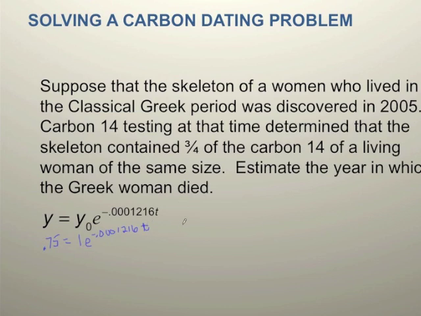This is a 1, so I can just find the ln of each side. ln of 75 hundredths equals negative 0.0001216 t. So t is going to equal the ln of 75 hundredths divided by negative 0.0001216.